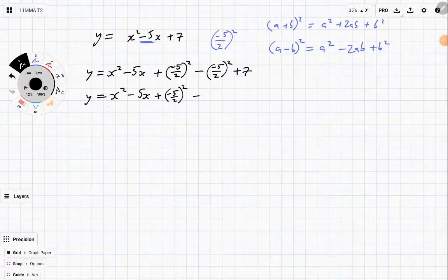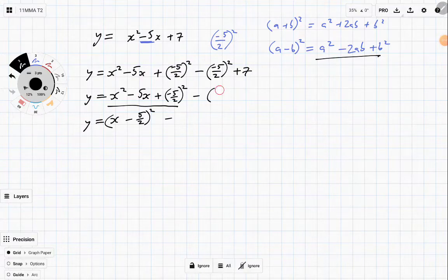But these three terms, in fact, fit this rule, which means we can factorize. (x − 5/2)². Minus, and then this is where we're just going to keep all of this other stuff on the end, so this would be minus 2.5² plus 7.